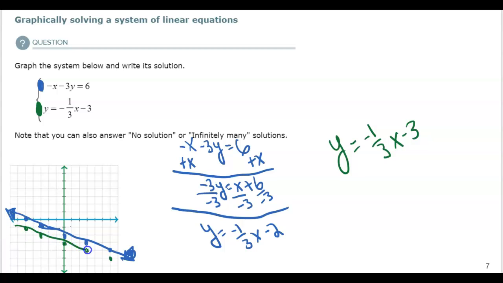And then we see that these lines never cross. So our answer would be no solution. And if we think about it, that makes sense because our slopes are the same, so they're parallel.